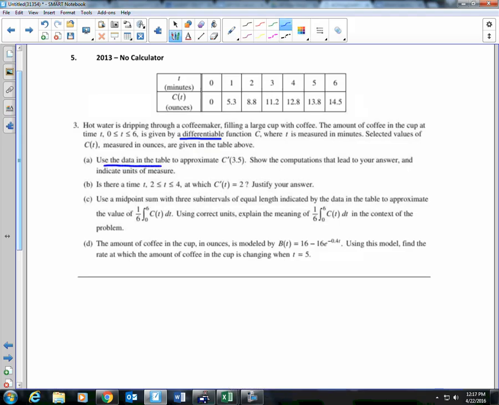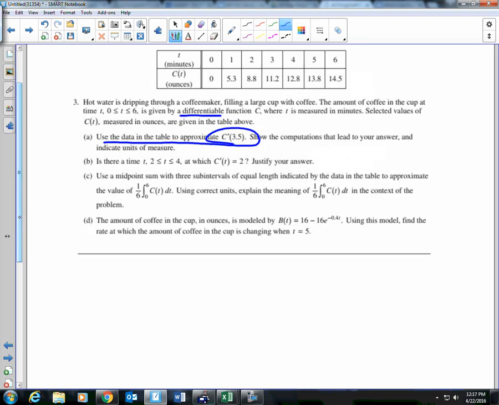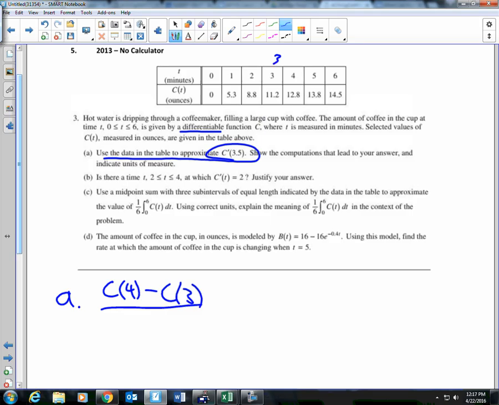It says use the data in the table to approximate C prime of 3.5. What does C prime mean? The change, the derivative. How will I approximate that? I don't have a 3.5. We are trying to do C prime of 3.5.